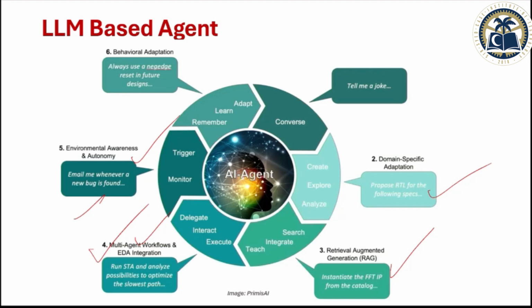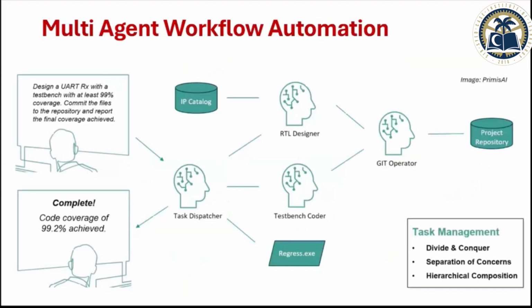So they are taking an agentic approach where there are multiple agents, automating and doing all of this by themselves, exploring all the possibilities instead of a human doing all the work. And then even doing the management part: email me whenever a new bug is found. It says, okay, keep doing this. If you find a bug, tell me that this is a bug, so that you can then go and find out why there is a bug.